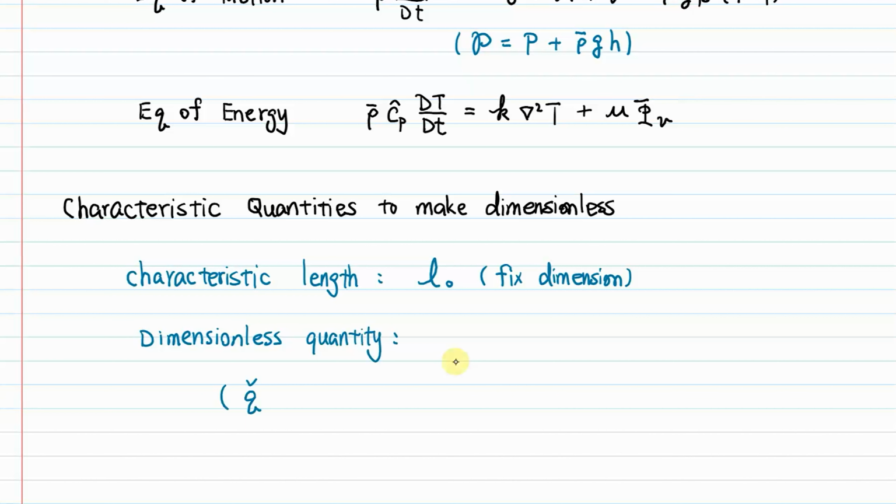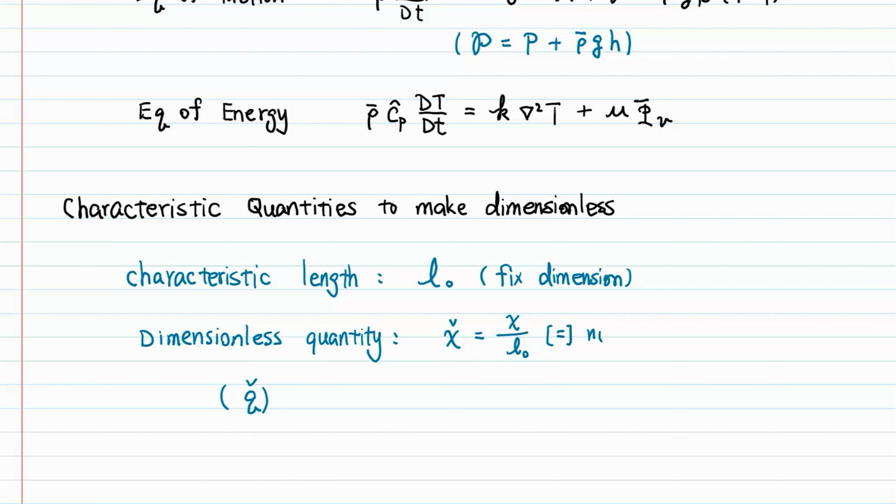Okay, so in this case the dimensionless quantity would be our XYZ coordinates, and we will say that we have the dimensionless x equals the actual distance in x over our characteristic quantity. So here you see that the unit would be canceled out.